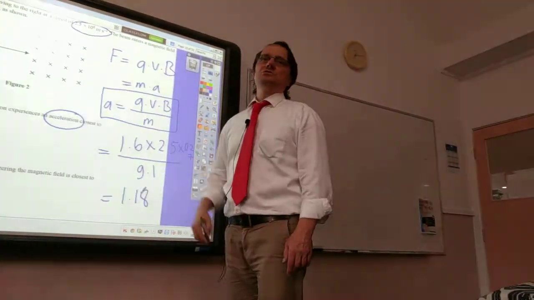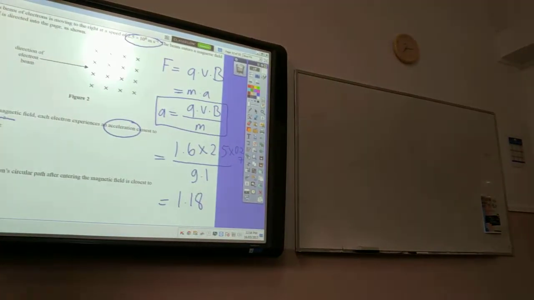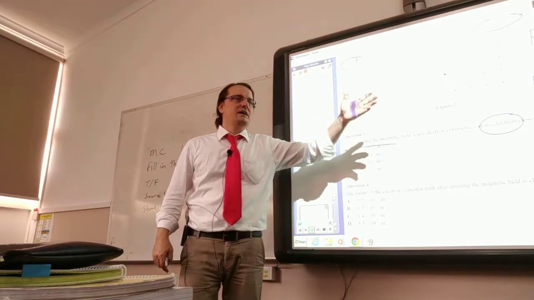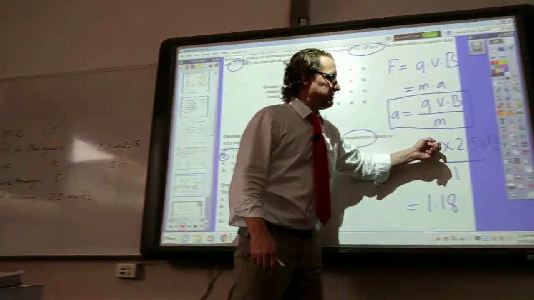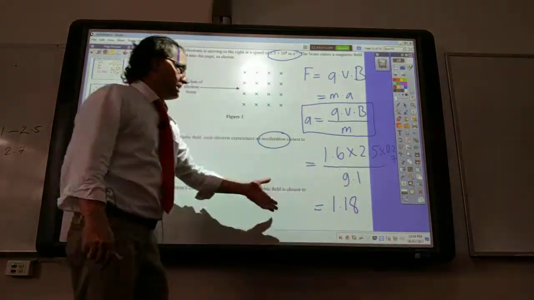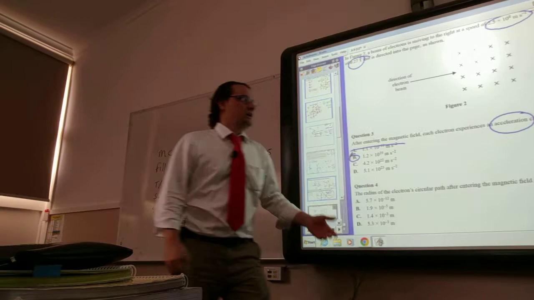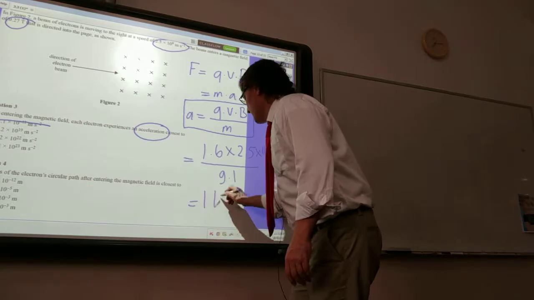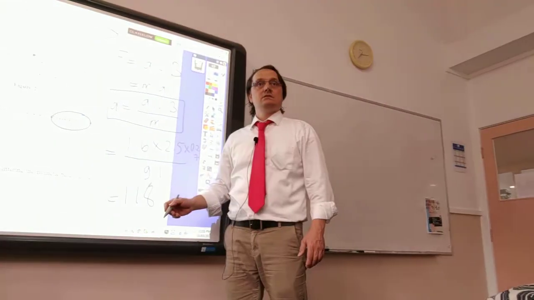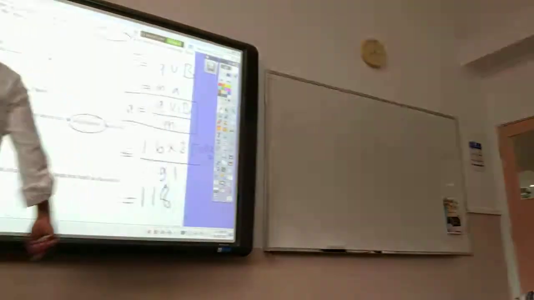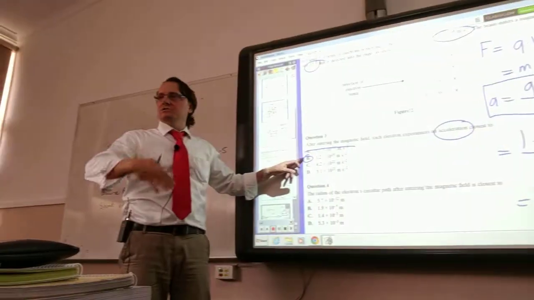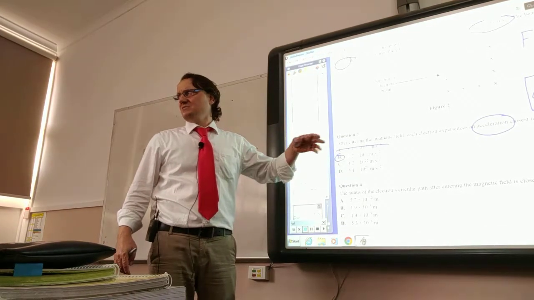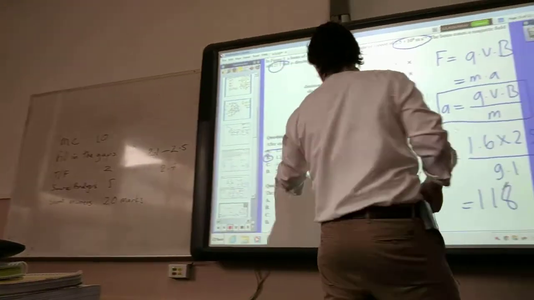And I say it should be 1.2. See, I don't even care about the powers, whether it's 10 to the power minus 19 or 90, because the bottom line is you're going to have these numbers multiplied and divided. So you get 1.18, so this should be the answer. Even if you get 118, you can say it should be that one, 1.2. Making sense? It might save you some time rather than doing all these powers of 10, if it is a multiple choice question.